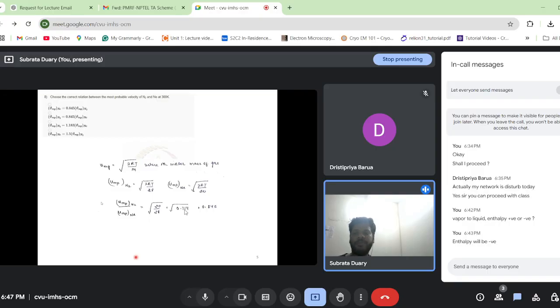Now you are asked to comment on most probable velocity between two isotopes. Let's say one is nitrogen 14 and another is nitrogen 15. Between nitrogen 14 and nitrogen 15, which will have more most probable velocity?